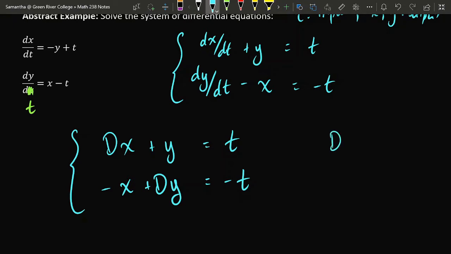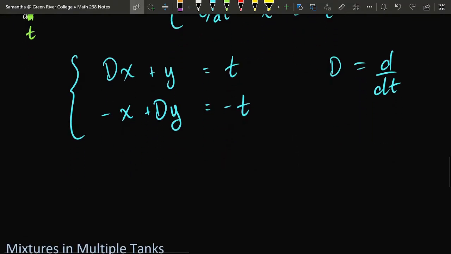Noting that capital D is shorthand for the derivative with respect to the independent variable time. Now, as I've written this system, I've just rearranged the terms a little bit so that the x's are vertically stacked and the y's are vertically stacked. I find that it just makes it a little bit easier to do the next step if the x's and y's are aligned.